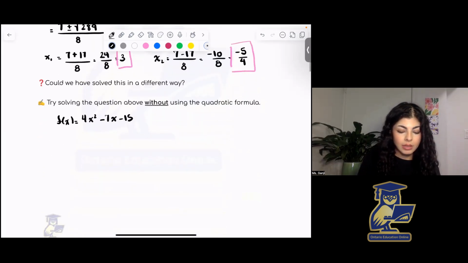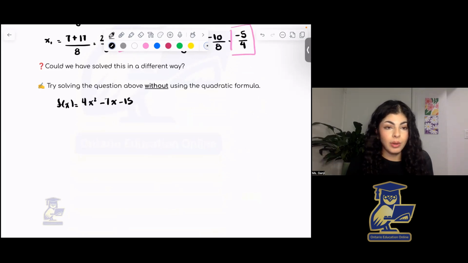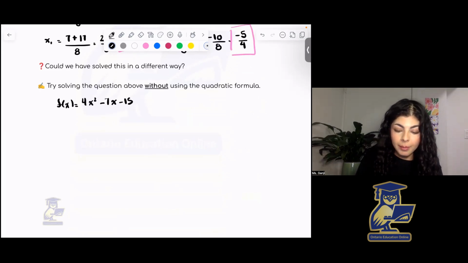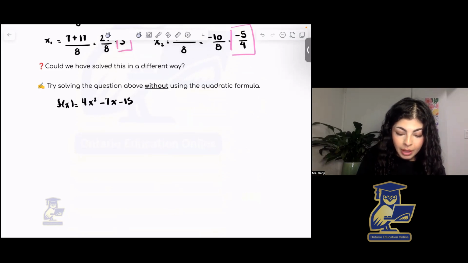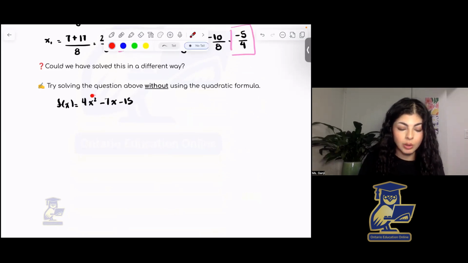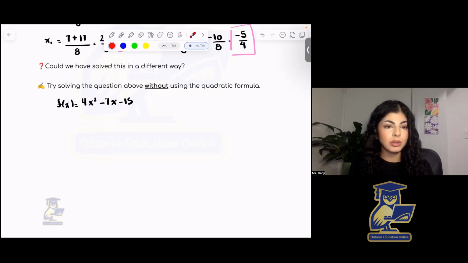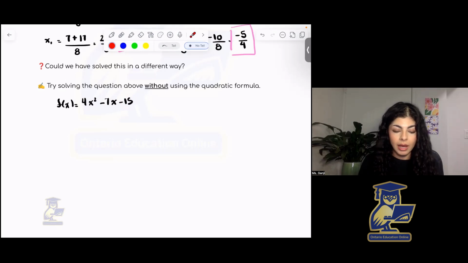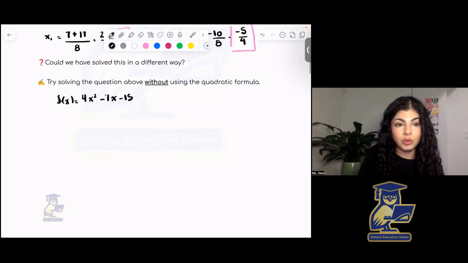So first, this is a trinomial, so it's not a difference of squares. So I'm going to check if it's a perfect square. The first term, 4x squared, could be, because 4 is a perfect square and so is x squared, but my negative 15 term is not a perfect square. So this is not a perfect square trinomial either. So we're going to try factoring by decomposition.